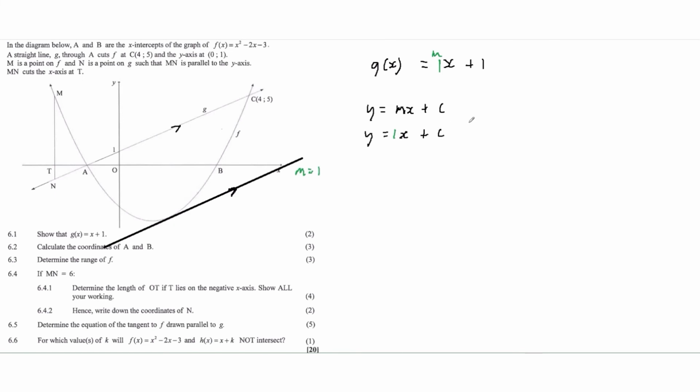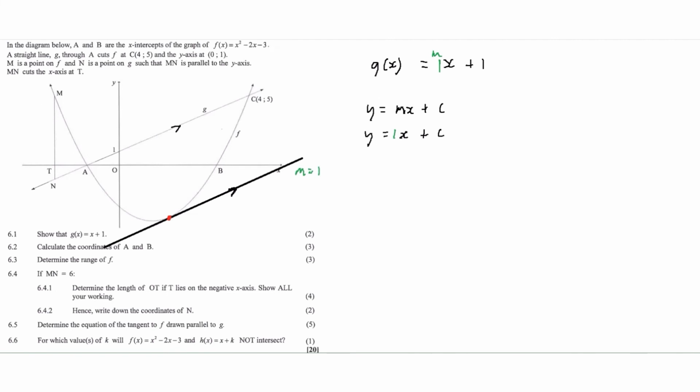Usually to calculate that we need the coordinates of any point, but we're not told the coordinates of any point here. So what we need to do is calculate the point at which this tangent and our parabola touch. And to do that we're going to use calculus.